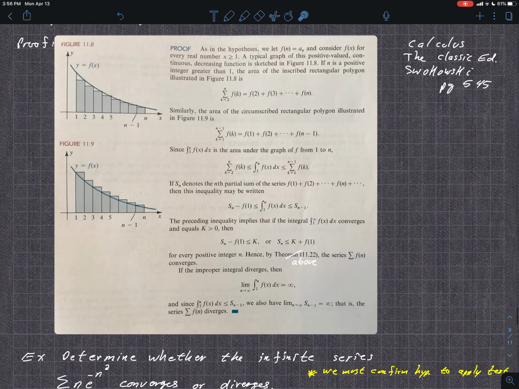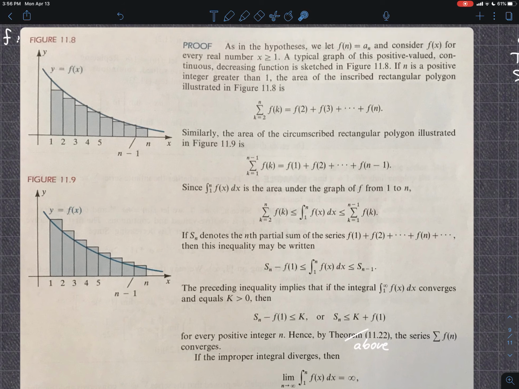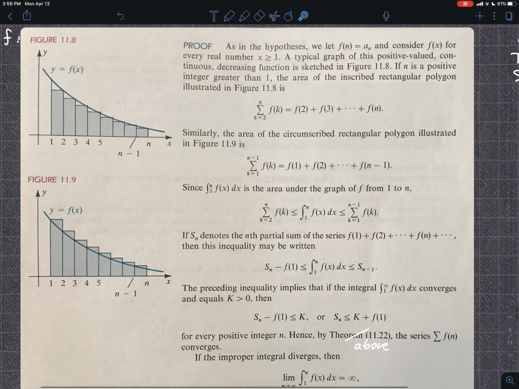So this proof is different from your book, although it's similar. You don't have to go memorize it or anything. We just want to go through it a little bit. So take some time to read through that, and I will describe it as we go. All right, so zoom in a little bit.